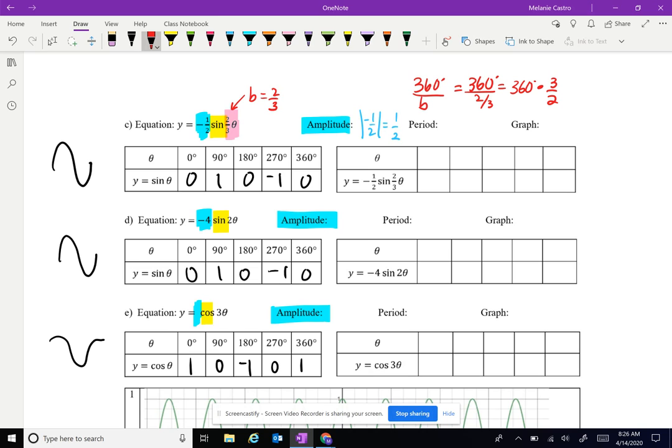Okay, so what would that be? 180 times 3 looks like it's 540. Okay. So when b was 2/3, we actually multiplied by 3/2. We did the opposite.